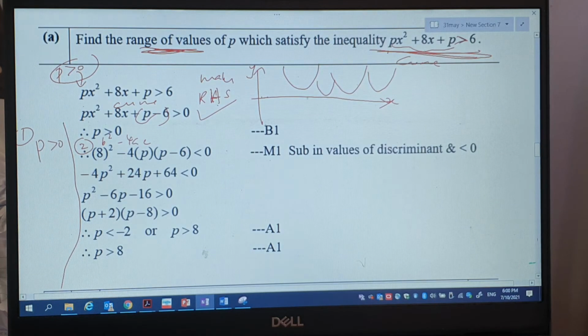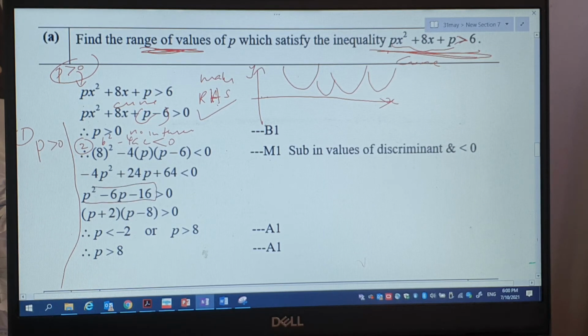So is it ever going to cut? There's no intersection, right? So no intersection means b squared minus 4ac less than 0. I hope you still remember. Then you go and expand, then you get this.